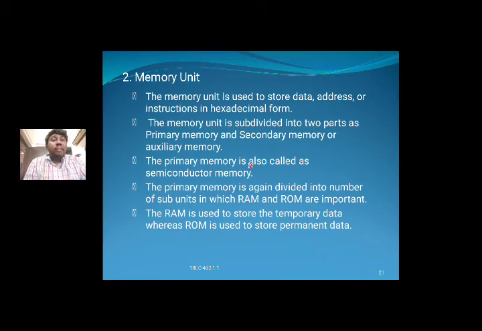The secondary memory is also called the auxiliary memory. Next, the primary memory is again divided into two subunits, RAM and ROM, random access memory and read-only memory. RAM is used to store temporary data, ROM is used to store permanent data.